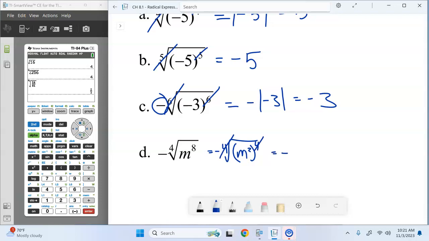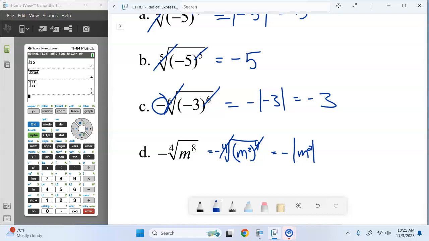And I have negative absolute value of m squared. Okay? So whenever I take the absolute value, what does that do to my number? Makes it positive. Whenever I square something, what else does that do to my number? Makes it positive, right? So both absolute value and squaring will make my number positive. So if I'm going to have to square this number anyway, and it's going to become positive, are these absolute value bars changing anything?